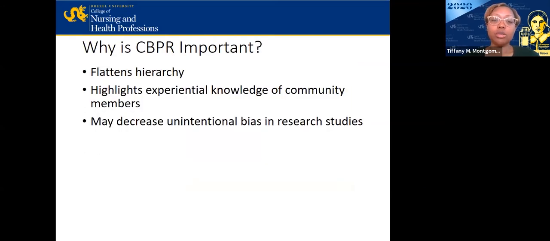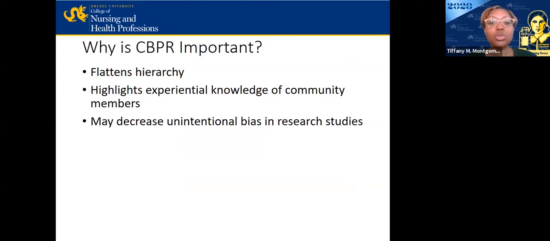So I've talked about some of these things already, but CBPR is really important because, again, it flattens the hierarchy that we sometimes build in academia, where we see the researcher as having the most knowledge, having the most expertise, and the community members are often not even seen as participants in research. A lot of times they're seen as research subjects.